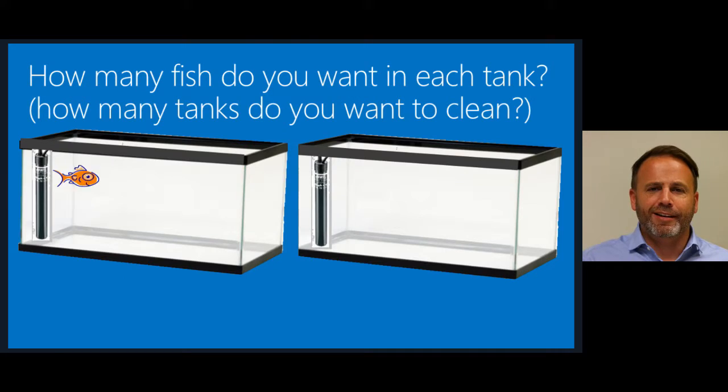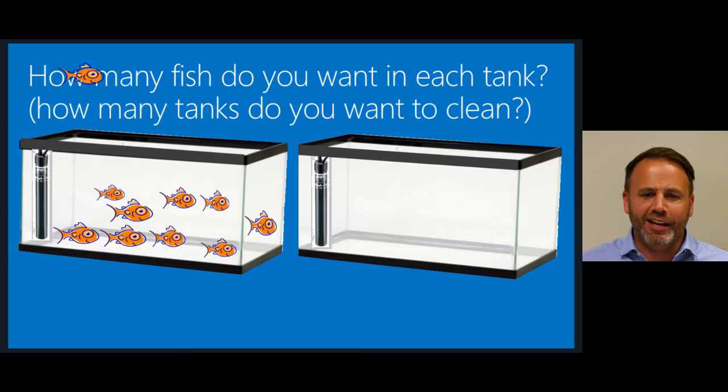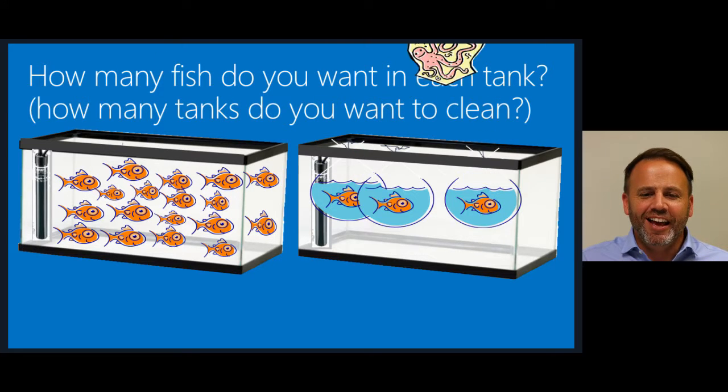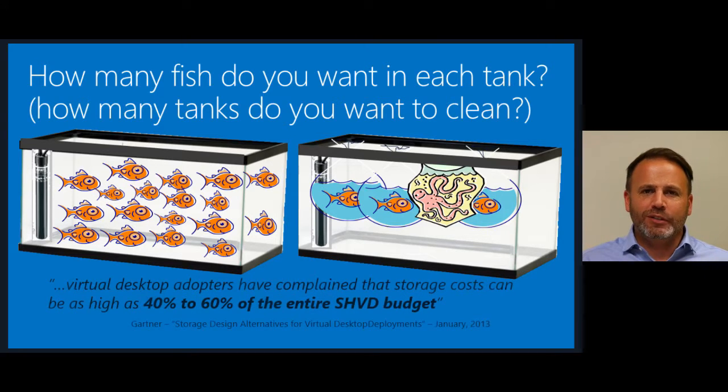So, the next animation says, how many fish do you want in each tank? Or how many fish tanks do you want to clean, right? And what's fairly interesting about this is that virtual desktop adopters have complained that the storage costs can be as high as 40% to 60% of the entire VDI budget.